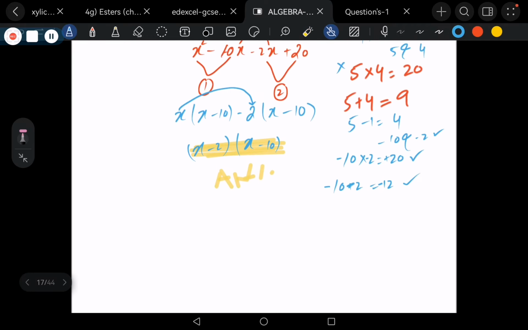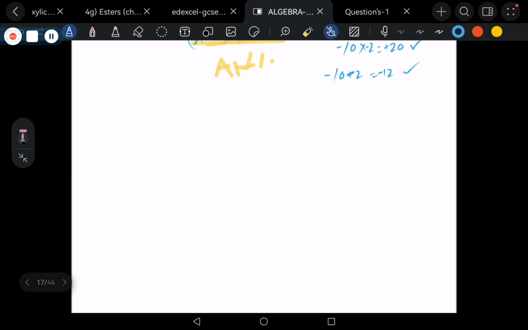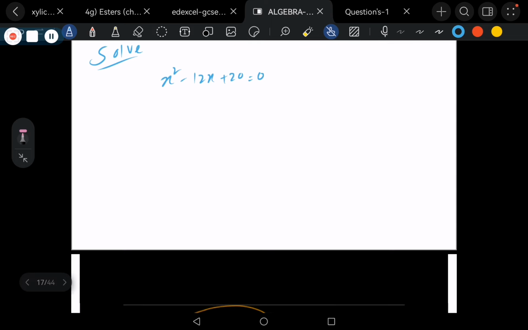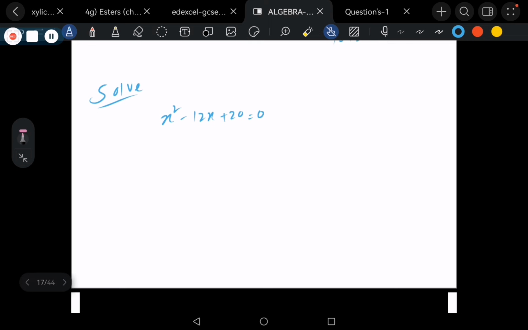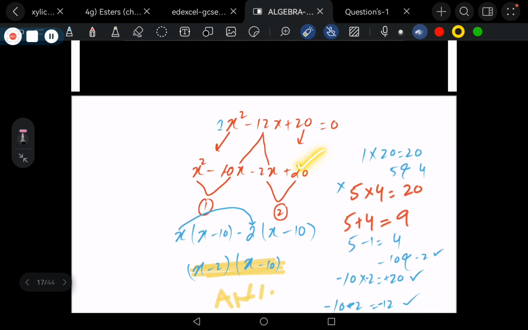I will put a heading that you need to solve: x square minus 12x plus 20 equals 0. There is no number with x square, it means that there is 1, right? So that 1 will be multiplied with 20.